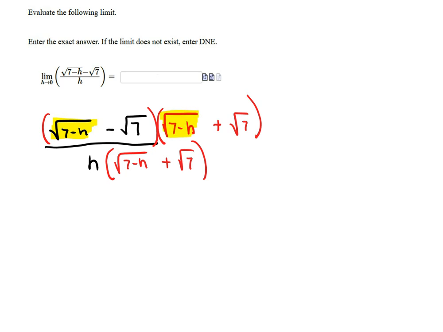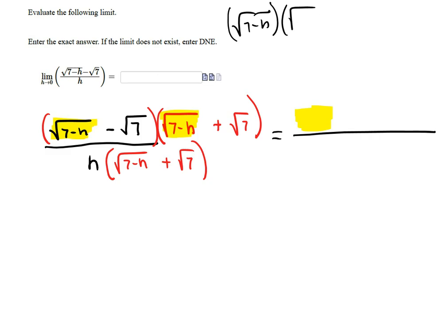That would be first times first, and that is going to equal your first term in your answer. When you take the square root of 7 minus h times another square root of 7 minus h, that's the same thing as the square root of 7 minus h squared. The squared and the square root cancel each other out, and you're just left with 7 minus h.